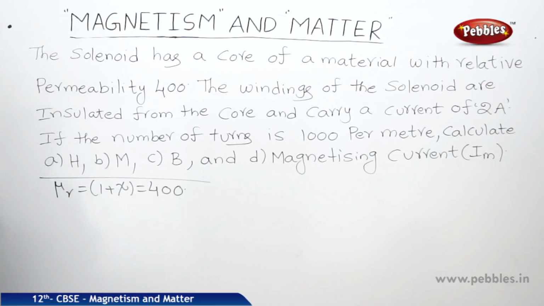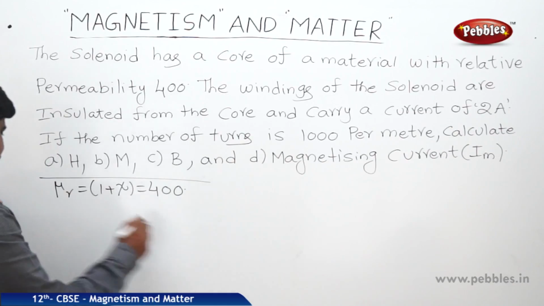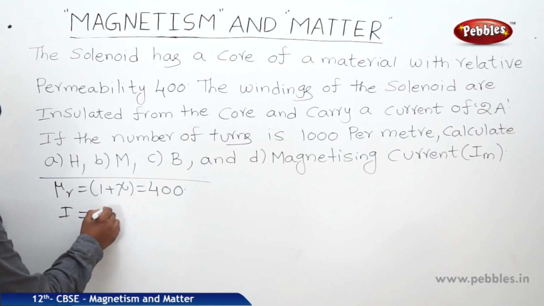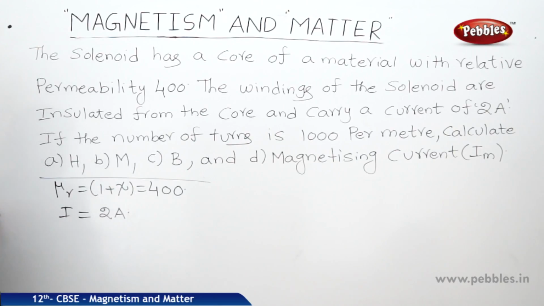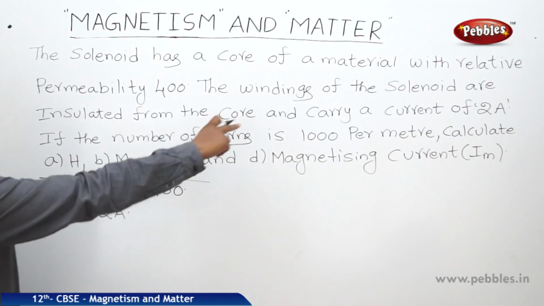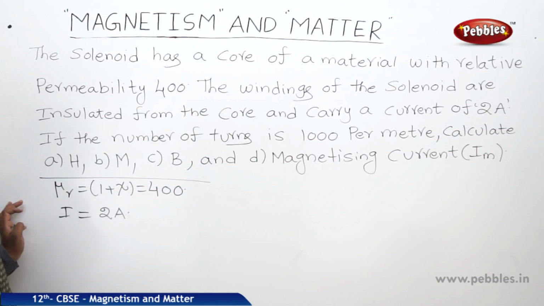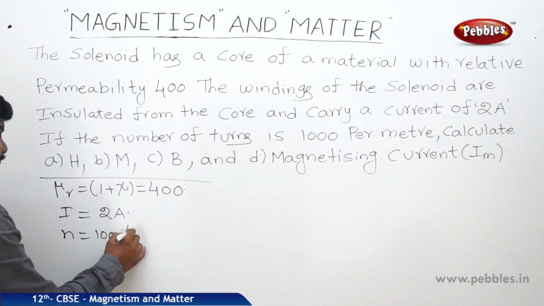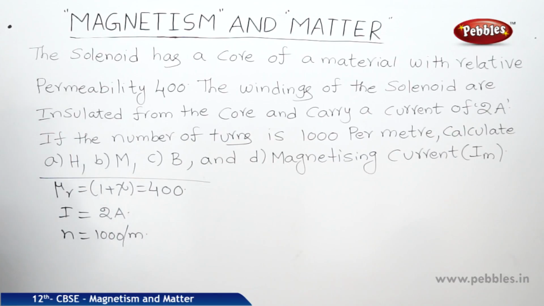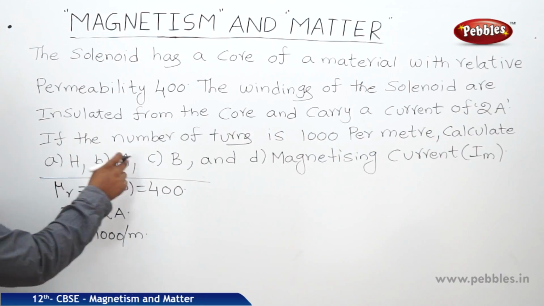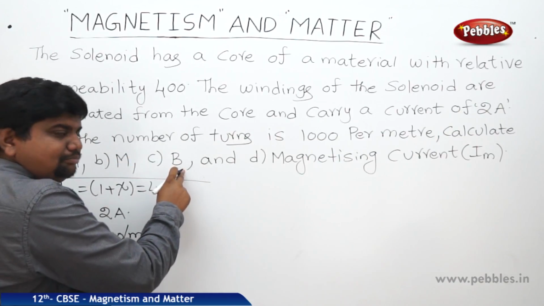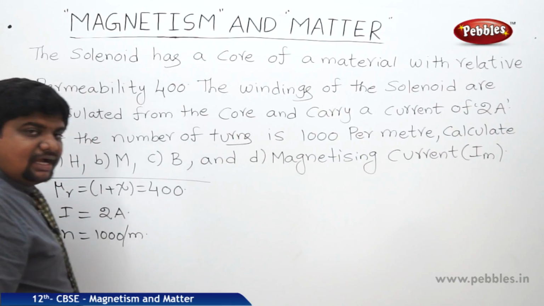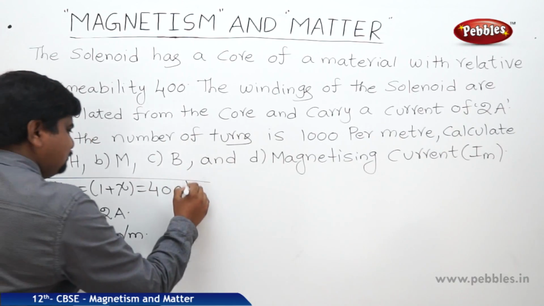The windings of the solenoid are insulated from the core and carry a current of 2 amperes, I is equal to 2 amperes. If the number of turns is 1000 per meter, therefore n is equal to 1000 per meter. Calculate H, B, M, and the magnetizing current Im. So we will find out one by one.